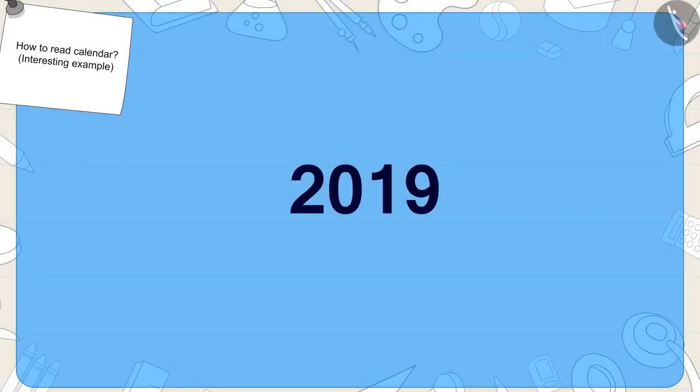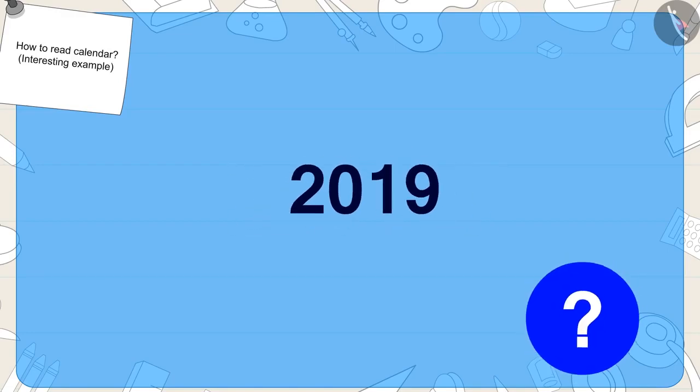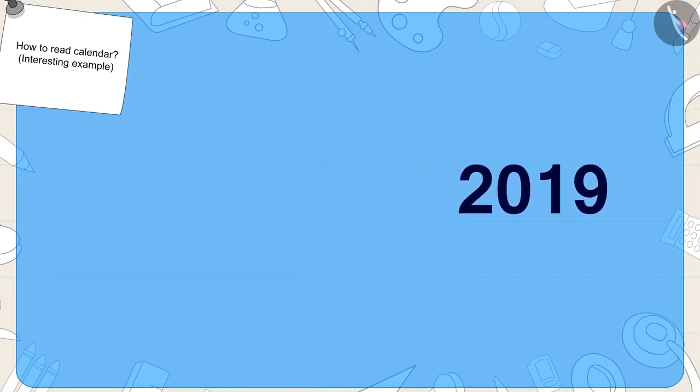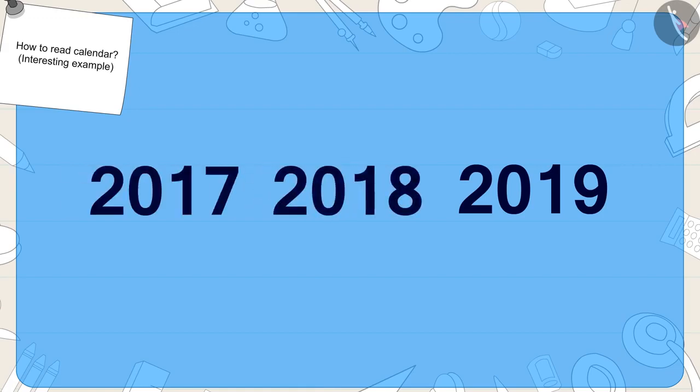Kids, if it is the year 2019 now, can you tell in which year did Raju's uncle get the biscuits for him? To find the year before 2019, we only have to count backwards from 2019 to 2 years. 2018, 2017.